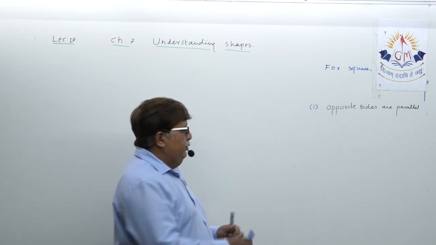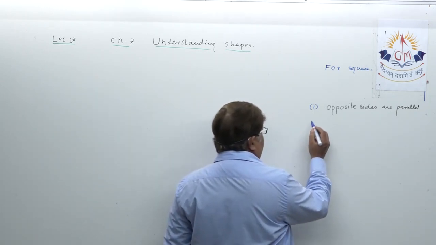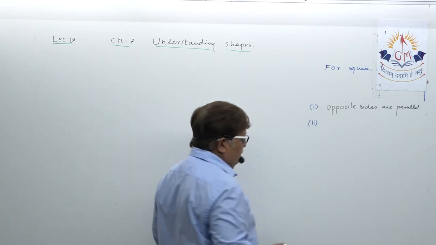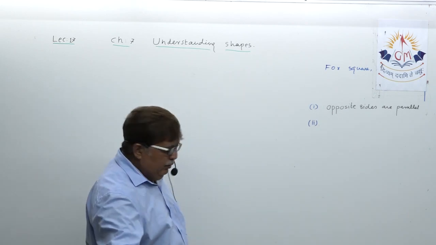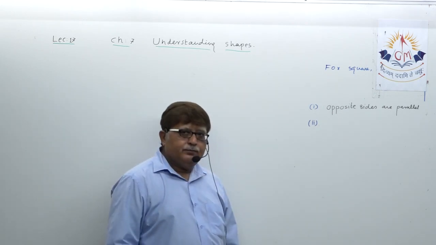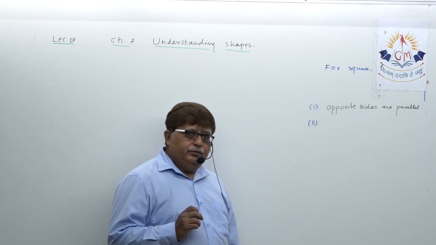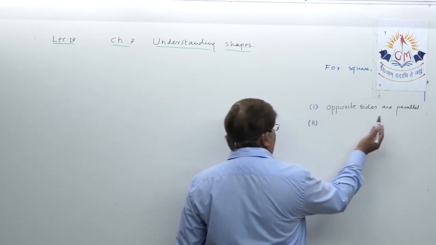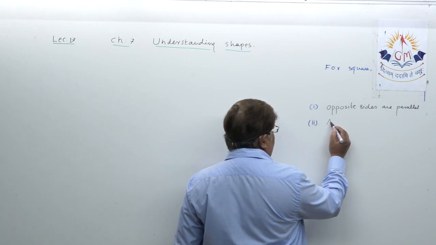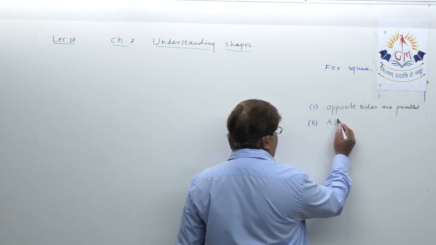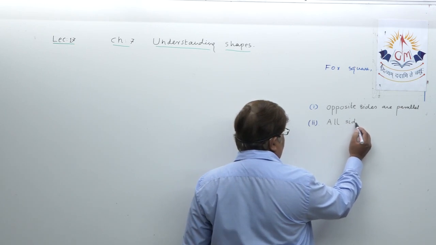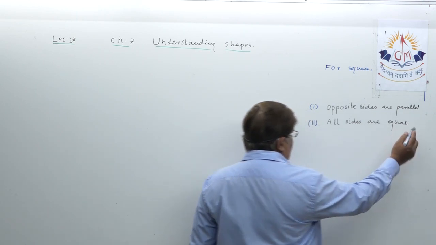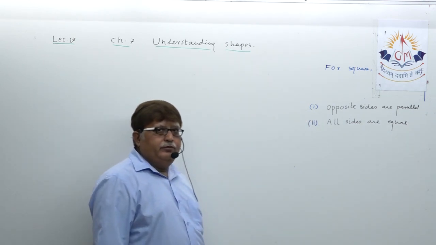To list out the second property of square, second, all sides are equal. Okay, both properties look like rhombus.